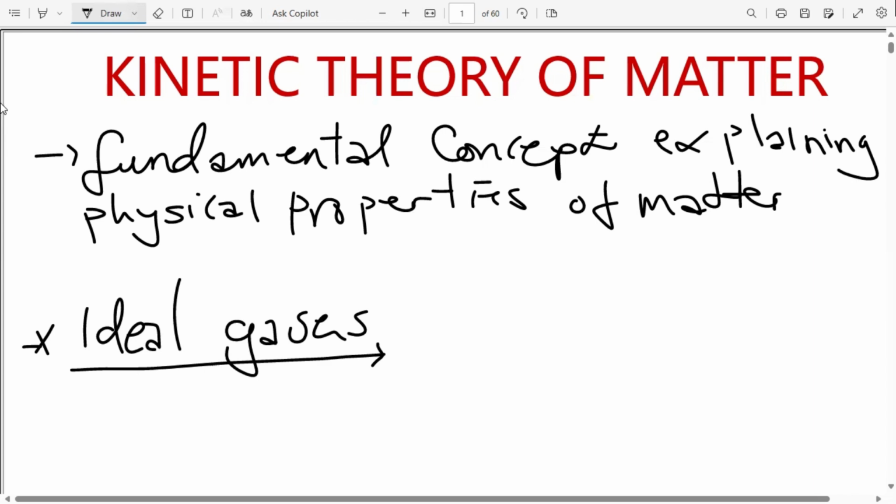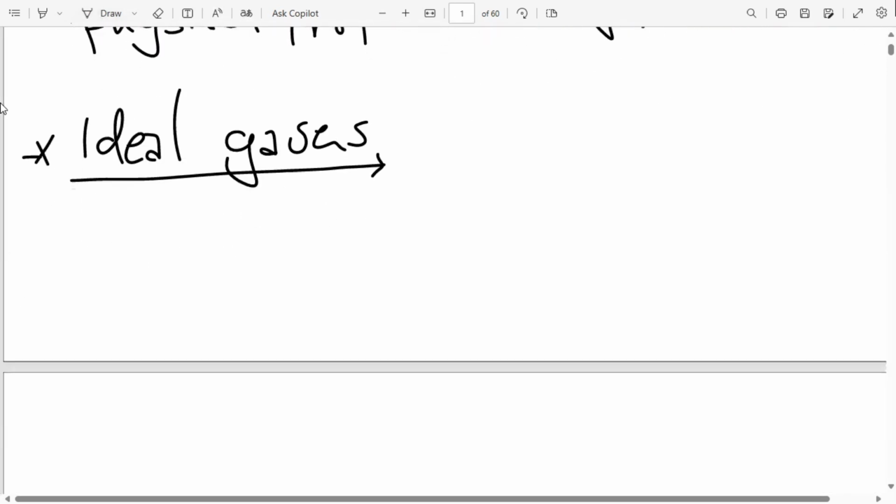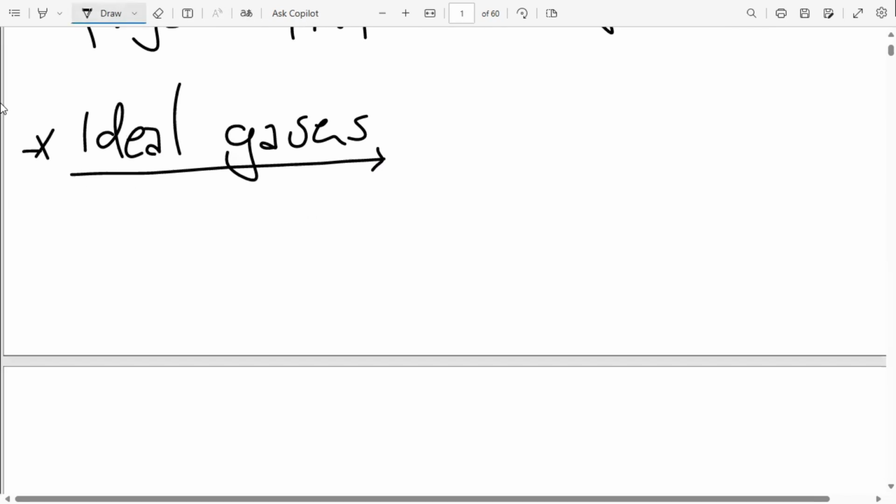These assumptions are mostly just to simplify the behavior of gases, and we use this model that we call the ideal gas to simplify that behavior. This model is based on several assumptions. I explained these assumptions last time before I even showed you how to derive the formula for the ideal gas equation itself. And just for a quick recap, what key assumptions did we talk about?